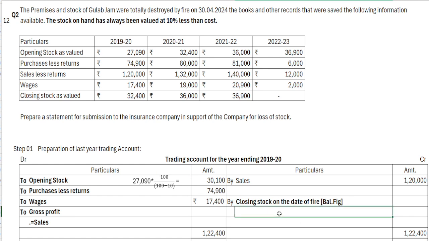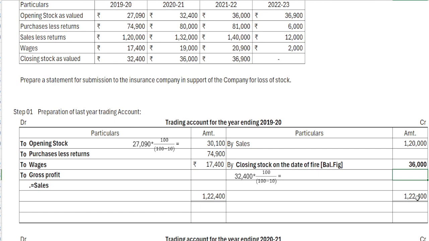Closing stock is equal to 32,400. 32,400 divided by 90 into 100 is 36,000. 36,000 is the fair value of closing stock.